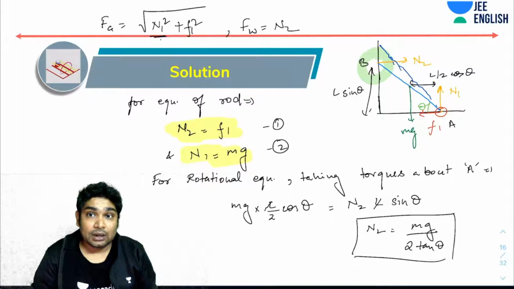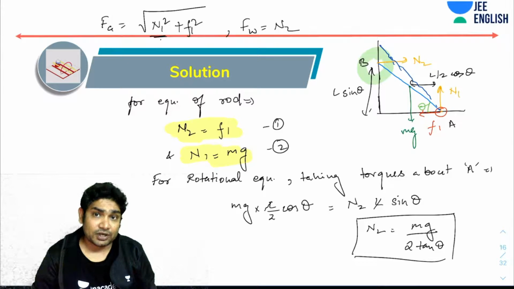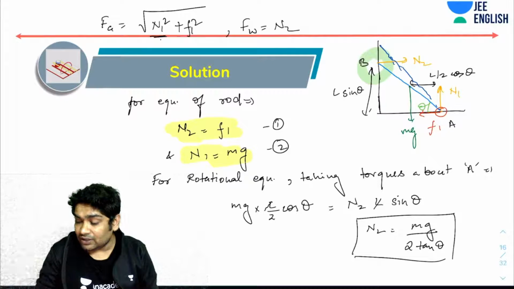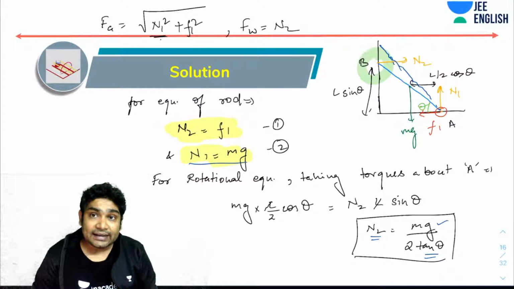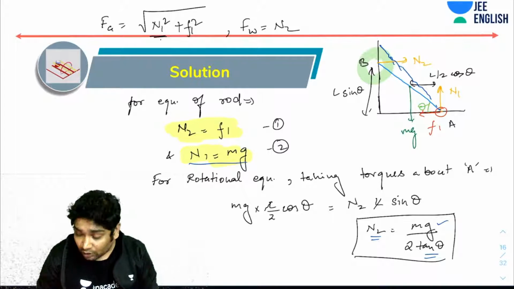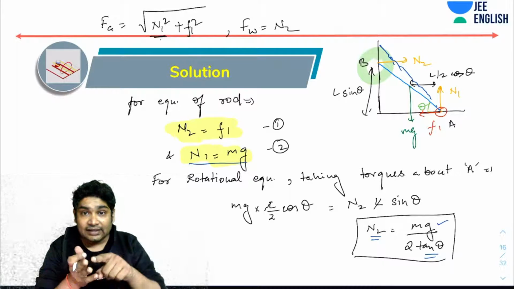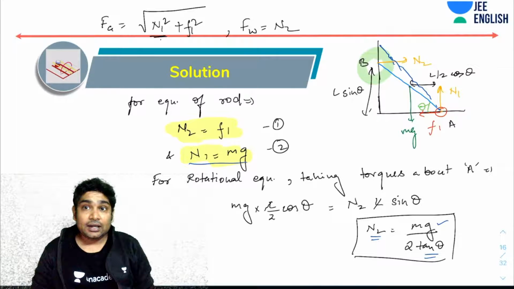Now, do you realize during the expansion, even if the rod expands, the mg does not change. So you realize N1 remains the same. About N2, N2 is mg over 2 tan theta. So if theta increases, mg is unchanged, so N2 decreases. When this expands, your theta increases.